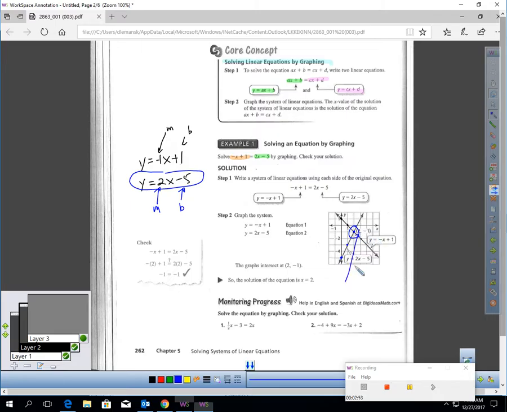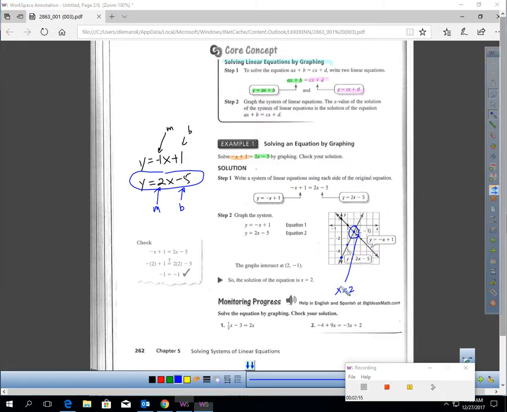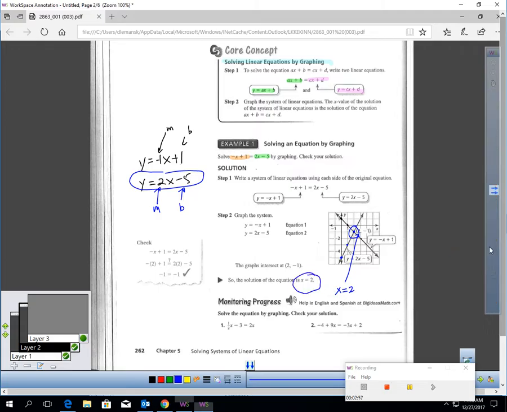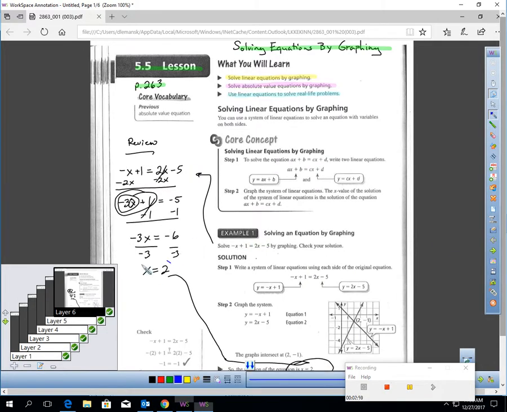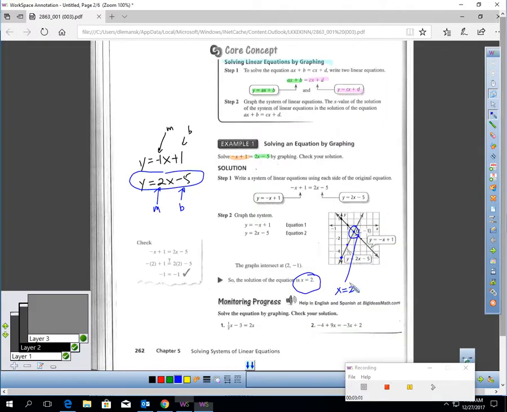That means x equals 2, just like my work in the previous slide said. My answer, x equals 2, matches my graph where x equals 2. Okay? I would like you to go ahead and try graphing these two problems to solve them. Pause the video and do that.